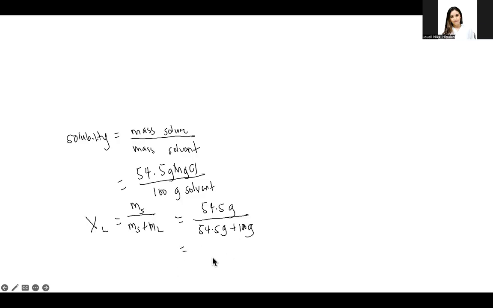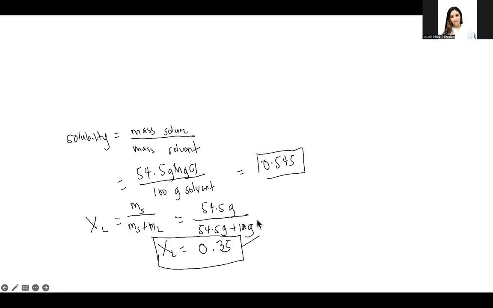So this is 0.35. Your XL, or your liquor fraction, is 0.35. This is your XL, or the saturated mother liquor concentration.